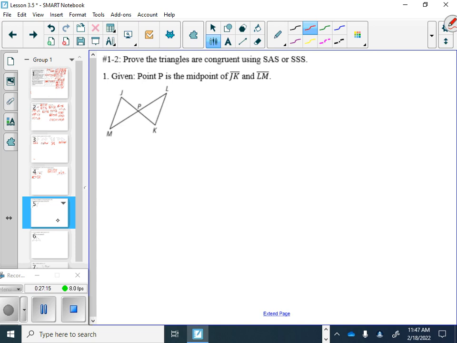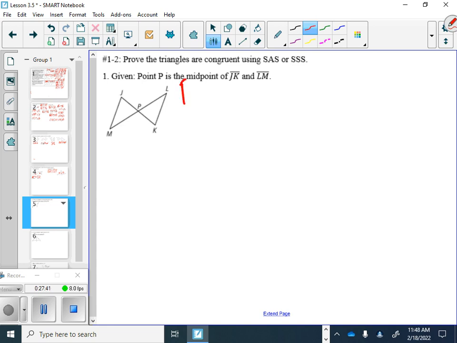Alright, so for number 1, I am asked to prove that this triangle is either congruent by side, side, side, or side, angle, side. And I am given that point P is the midpoint of lines JK and LM. We'll talk about what that means in a second. The very first step in a proof is to write out what you were given. So we're just going to take that statement right there and write it again.